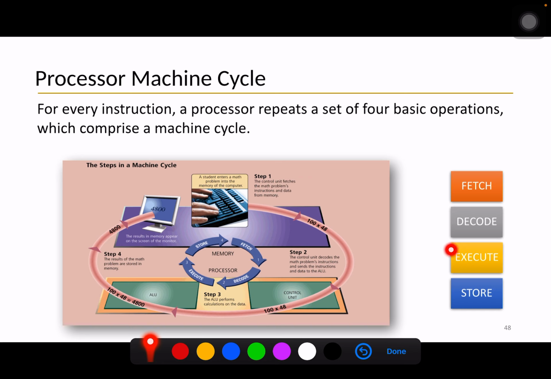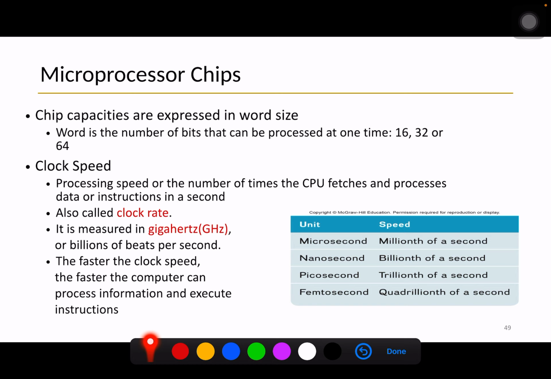Okay, microprocessor chips. How are we measuring the microprocessor chips?